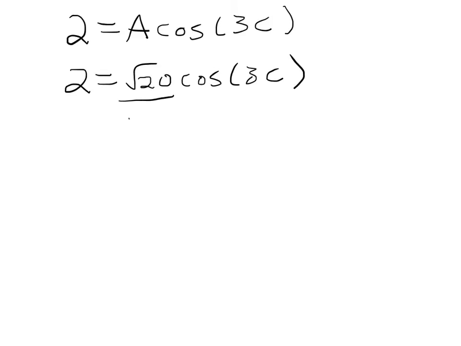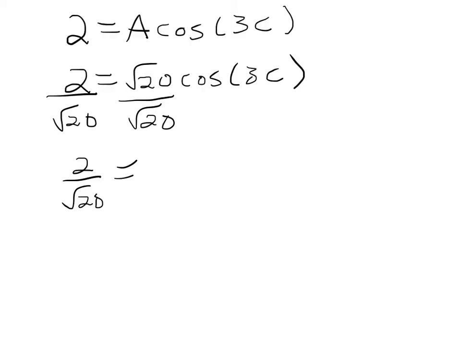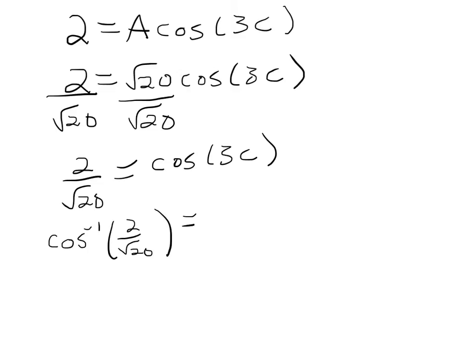So I'm going to divide both sides by root 20. I get 2 over root 20 equals the cosine of 3c. I'm going to take the cosine inverse of both sides. So I get the cosine inverse of 2 over root 20 equals 3c. So if I divide both sides by 3, that makes c 1/3 the cosine inverse of 2 over root 20.